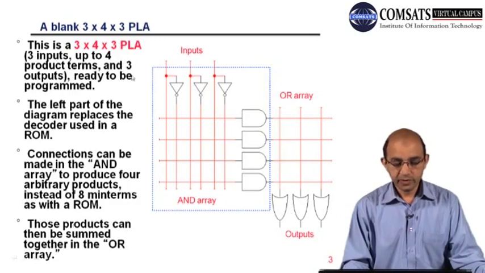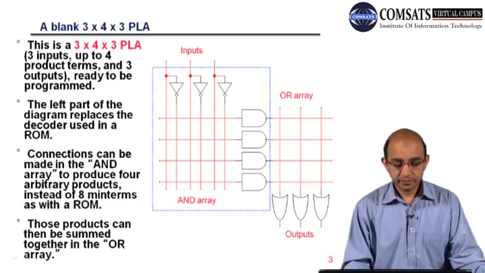This dotted part is the replacement for the decoder, which we want to avoid in order to have simplification. You can see that here we have 3 inputs and 4 AND gates.